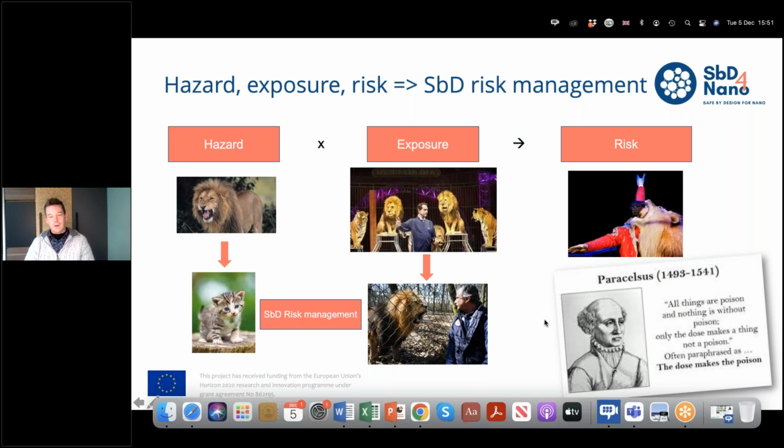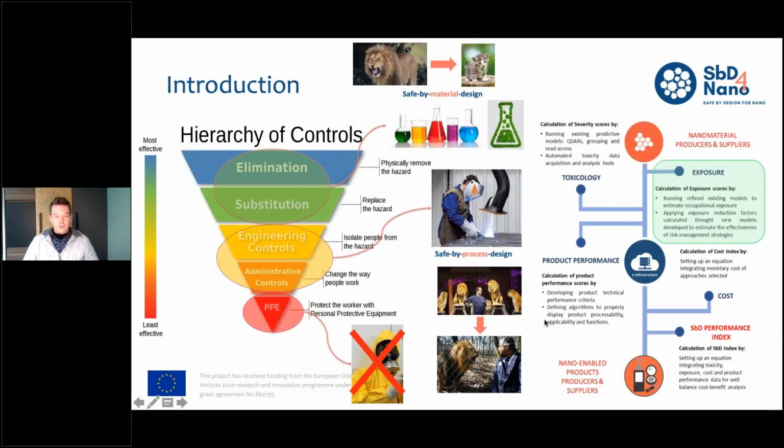So next slide, please. Of course we have to look at the hierarchy of control, and I would definitely plead for trying to mitigate the hazards of the material as much as we can. So try to eliminate or substitute the hazards from occurring. So trying to change the lion into a harmless kitten. And that's what we call safe by material design, as just presented by Mustafa.